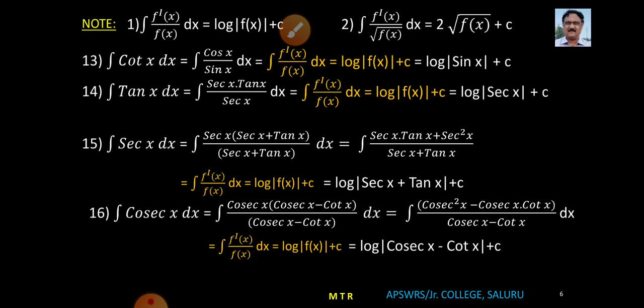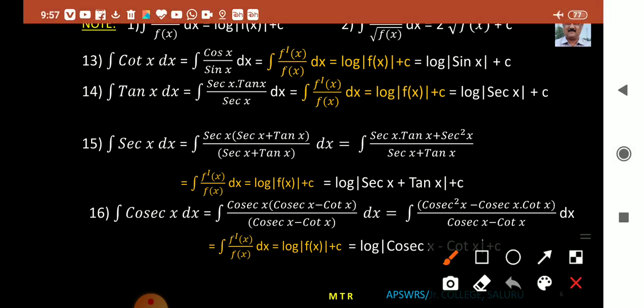You observe this problem, 13th problem. For example, integral cot x dx. What is cot x? Yes, cot x is cos x by sin x. You know the derivative of sin x is cos x. So here the denominator is sin x. The derivative of sin x is cos x, that is in the numerator. So the given problem is like this formula, integral f dash of x by f of x dx.